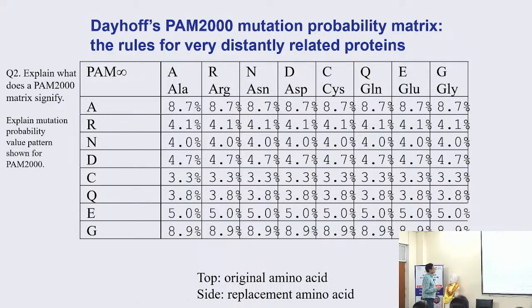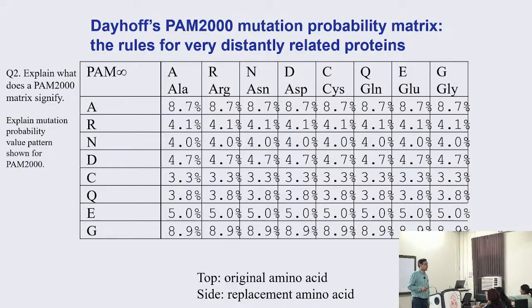This is Dayhoff's PAM 2000 mutation probability matrix. So explain what a PAM 2000 matrix signifies. What does it mean? PAM 2000. 2000 what?